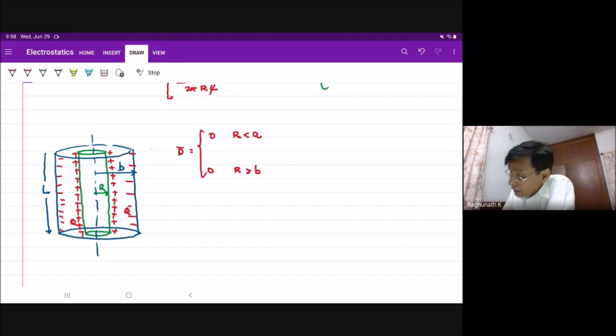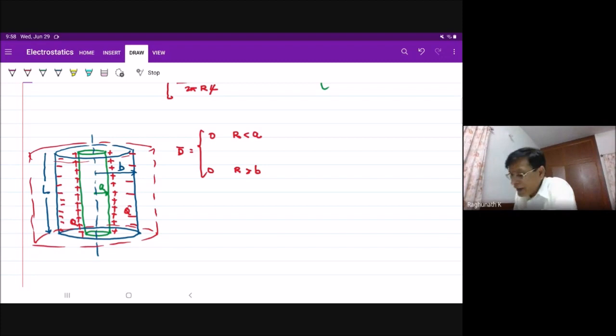Because if you consider a point outside, the total charge enclosed in the cylinder is 0. Anyway, Q flux lines will start and get terminated on the negative charge, because of which inside the inner cylinder and outside the outer cylinder there will be no field.